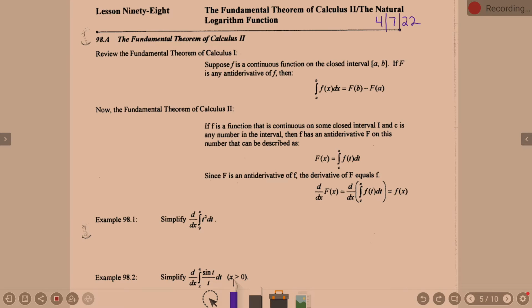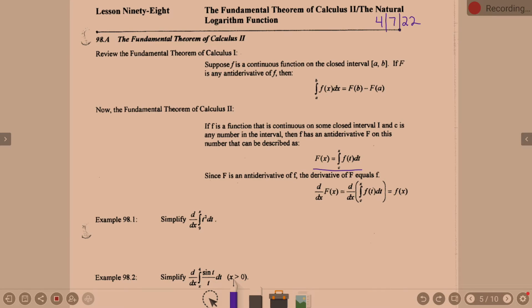And what happens then, since capital F is an antiderivative of lowercase f, the derivative of F equals f. So if you look at that statement right there, okay, capital F of x is equal to the integral of lowercase f, because that is the antiderivative.